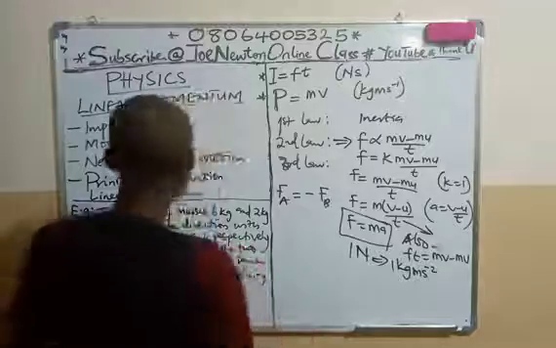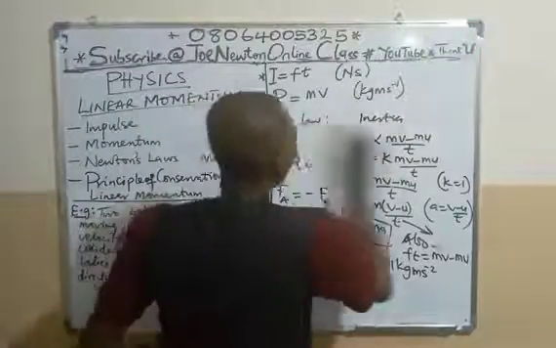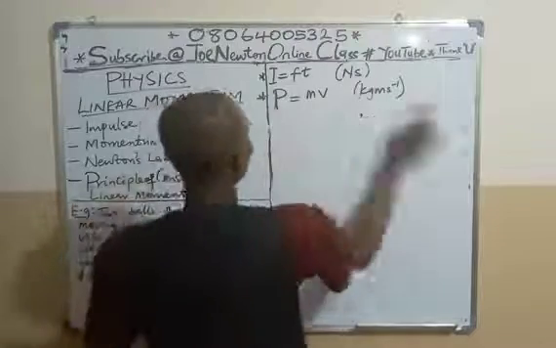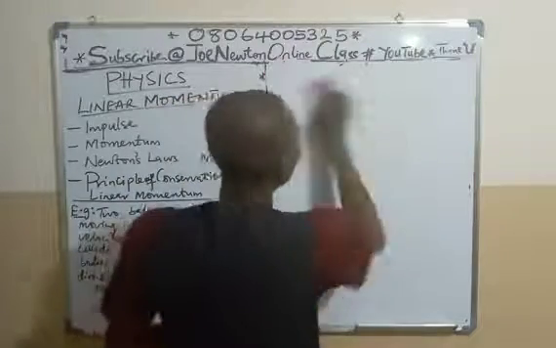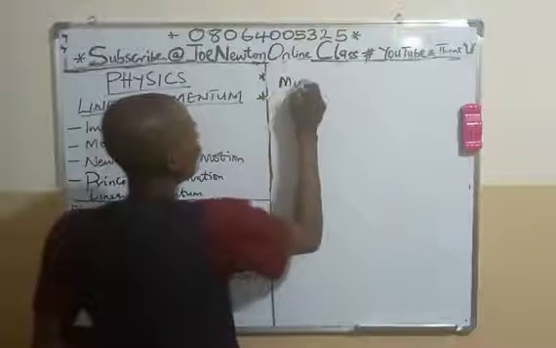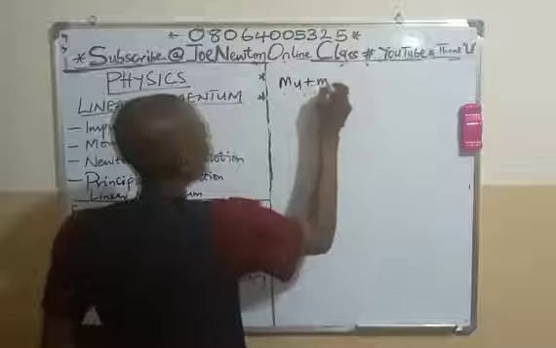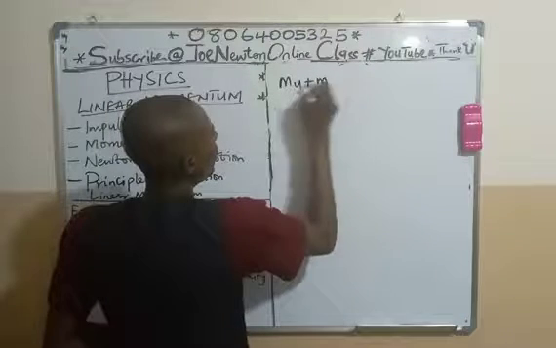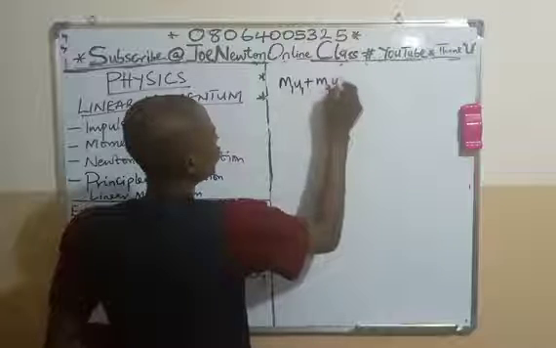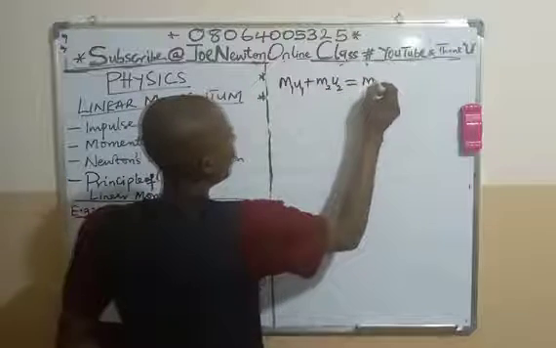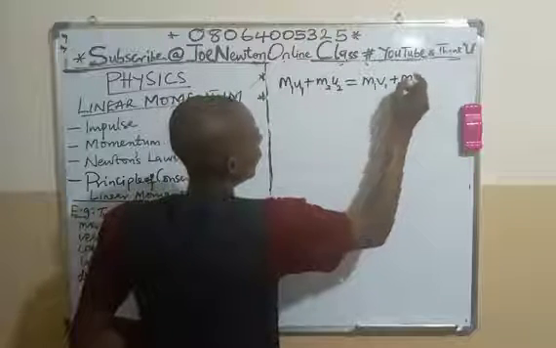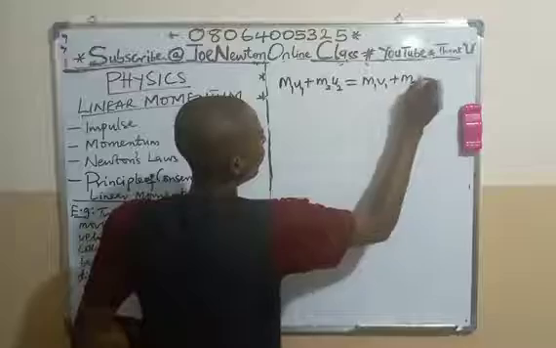Now let's look at some equations we can get from that statement. So from the statement, we have that m1u1 plus m2u2 is equals to m1v1 plus m2v2.